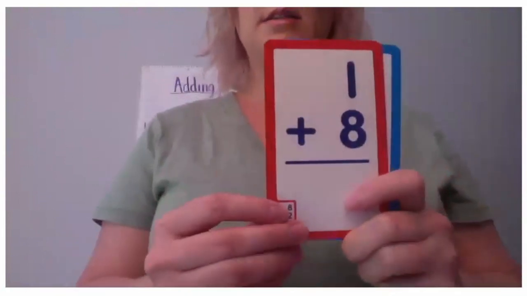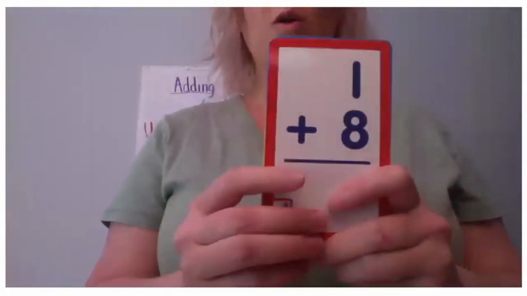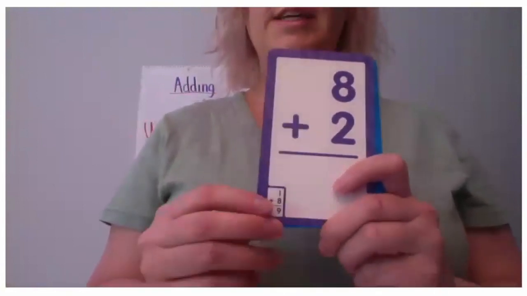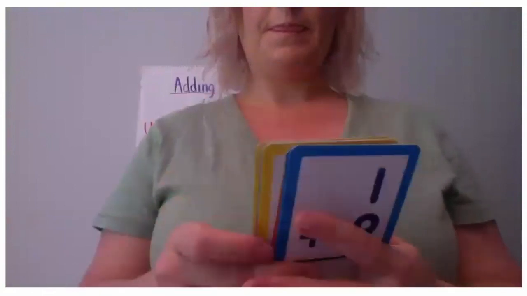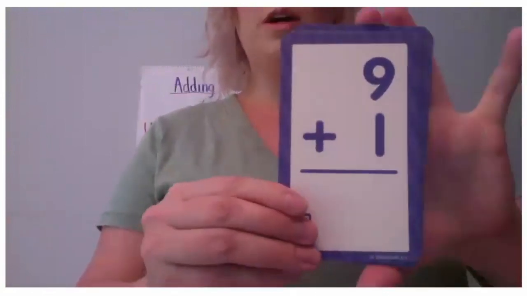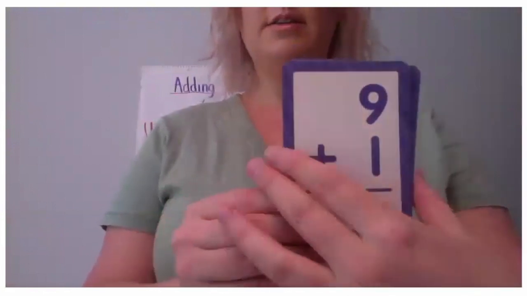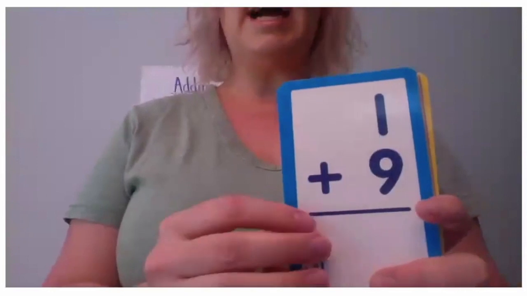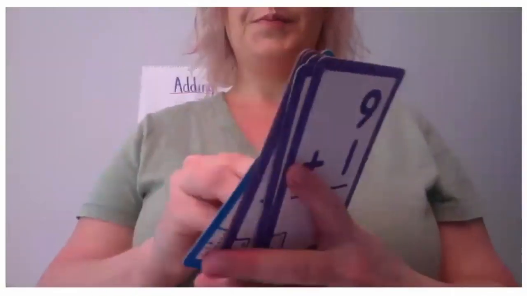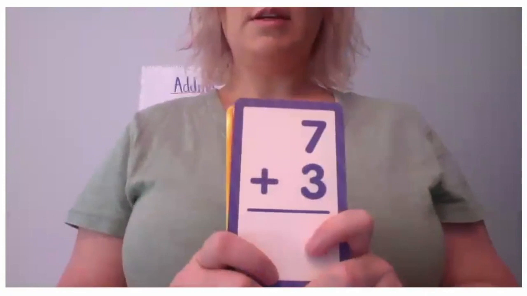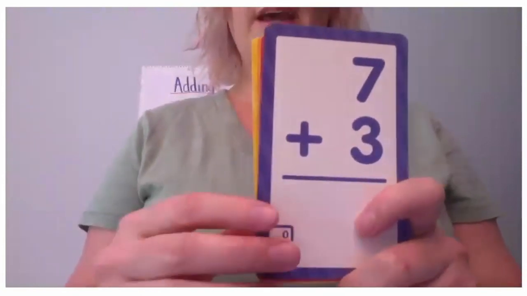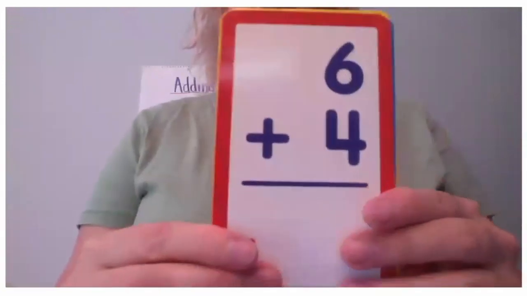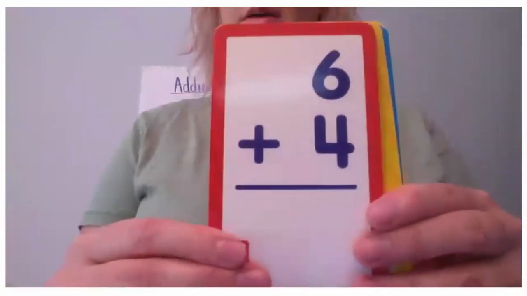1 plus 8 is 9. So if I know 1 plus 8 is 9, then I know that 8 plus 2 is 10. 9 plus 1 is 10. And if I know that 9 plus 1 is 10, then I know that 1 plus 9 is 10. 7 plus 3 makes 10. 6 plus 4 makes 10.